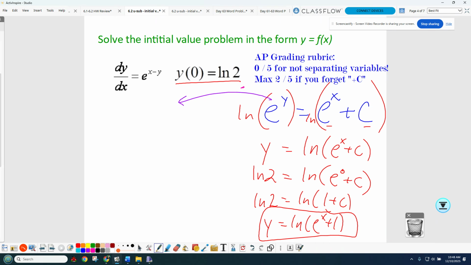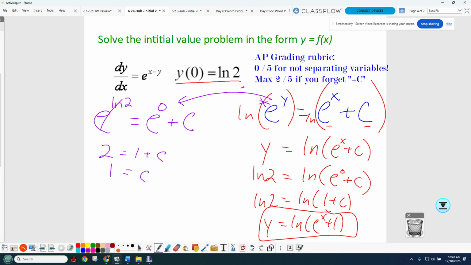I'm going to go back here to the stuff in blue, and plug in the coordinate. E to the y value equals e to the 0 plus c. This is 2. C equals 1. And then I go back to where I chose to plug the value in.